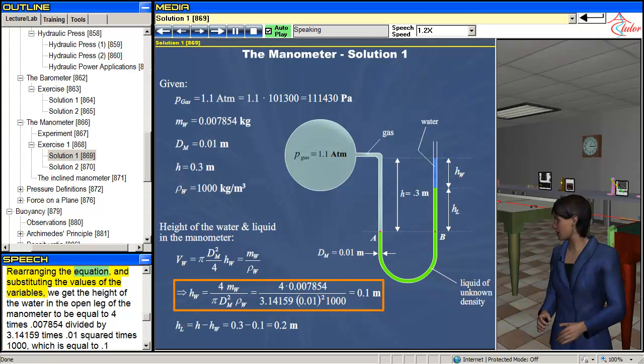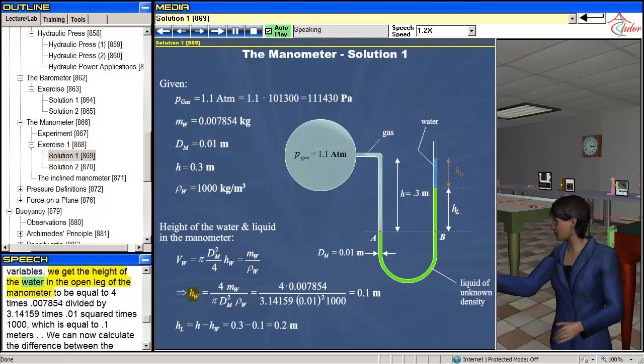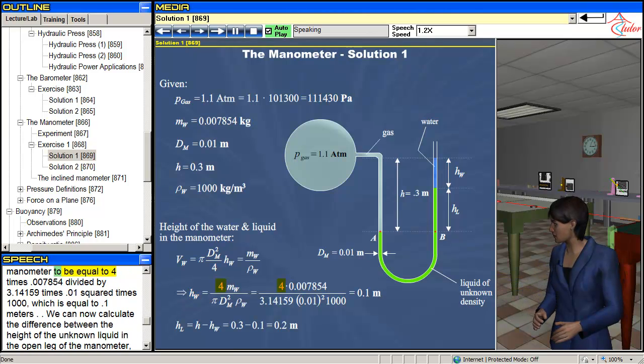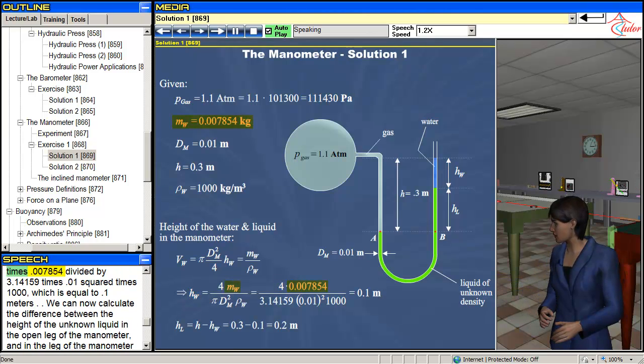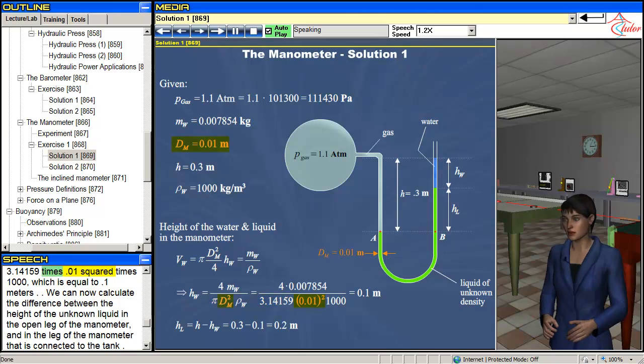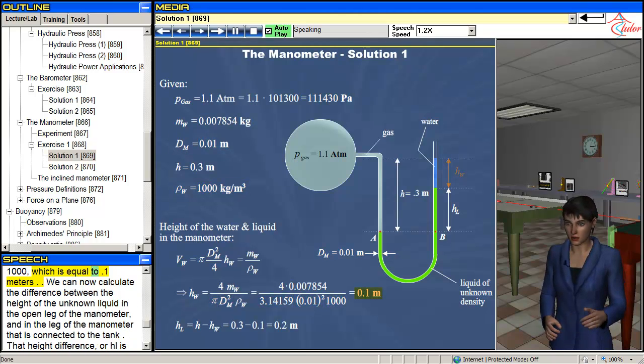Rearranging the equation and substituting the values of the variables, we get the height of the water in the open leg of the manometer to be equal to 4 times 0.007854 divided by 3.14159 times 0.01 squared times 1000, which is equal to 0.1 meters.